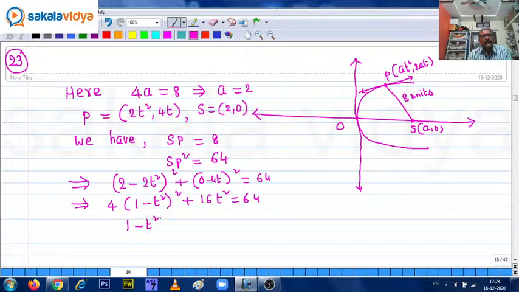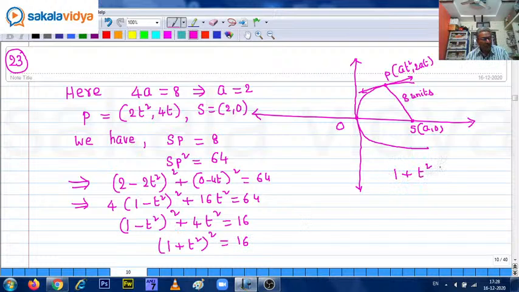So 1 minus t square whole square plus 4t square equal to 16. This is a minus b whole square plus 4ab, which is a plus b whole square. So 1 plus t square whole square equals 16. So 1 plus t square is equal to the square root of 16, which is 4.